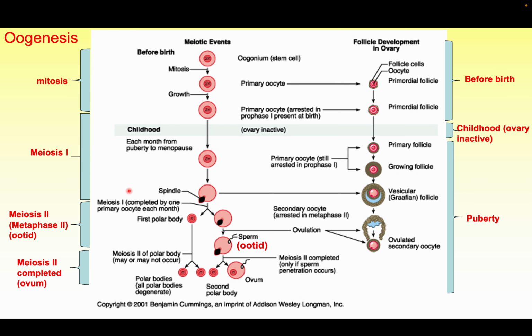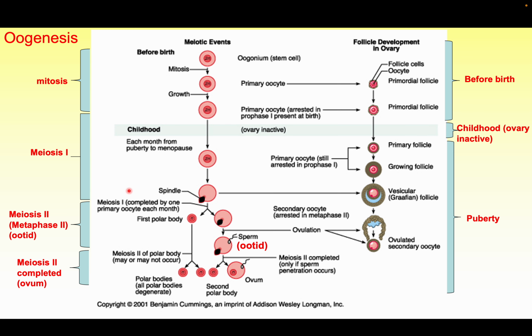This primary oocyte is arrested during prophase 1. Once childhood ceases, the female animal is now sexually active, in the sense that the female animal will release one mature egg per cycle.